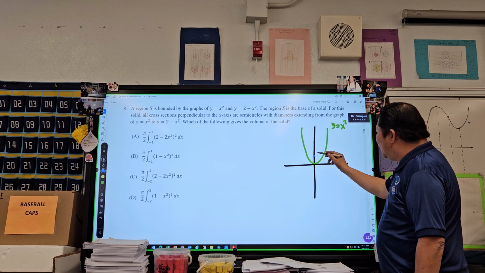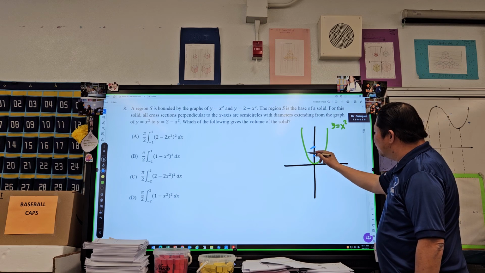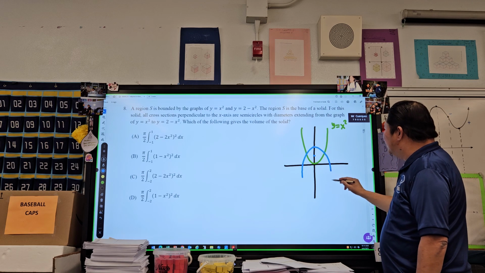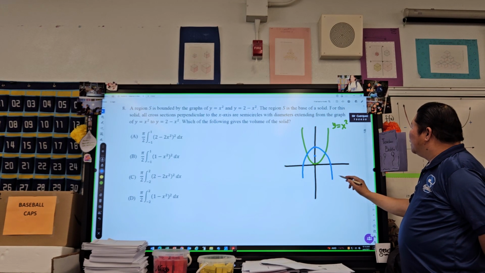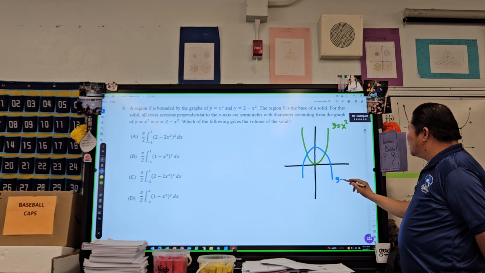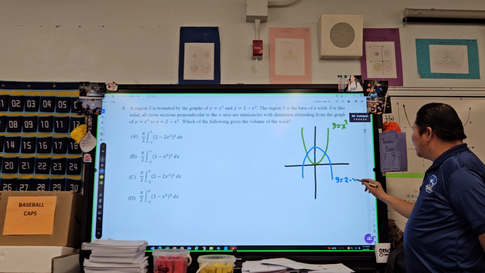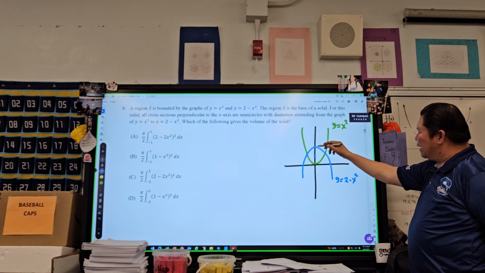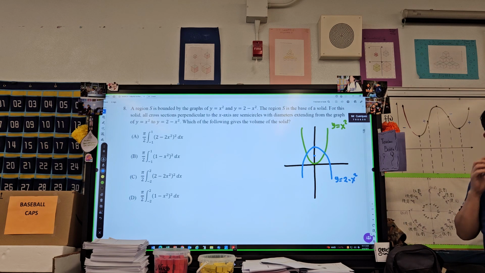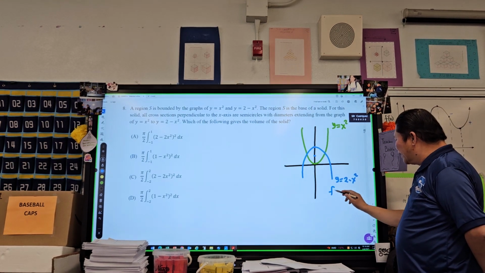So 1, 2. Then it goes that way. So this is y equals 2 minus x squared. So therefore, basically, what is blue? The top, right? So this is f of x.